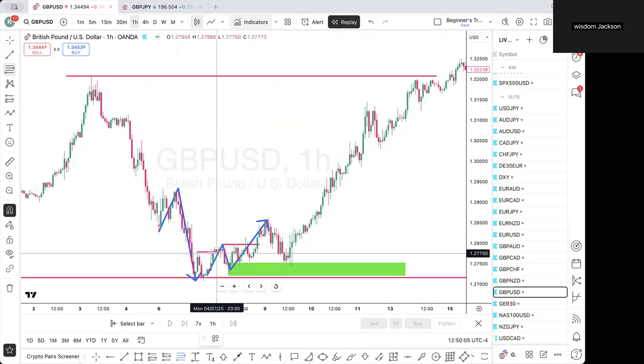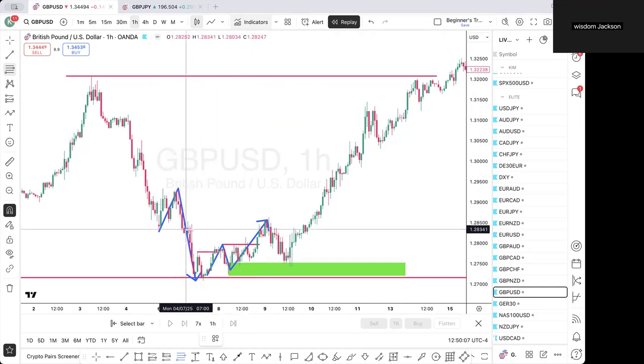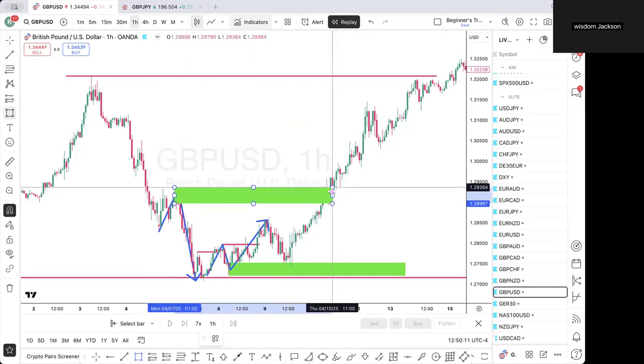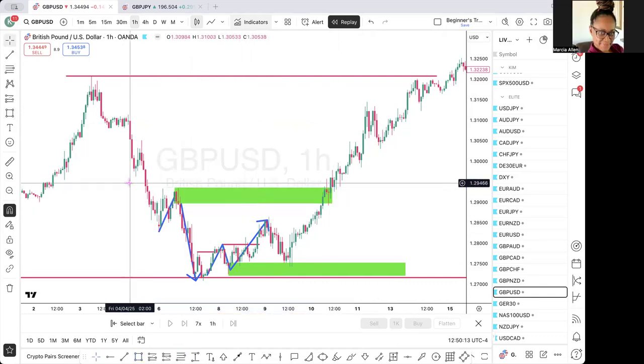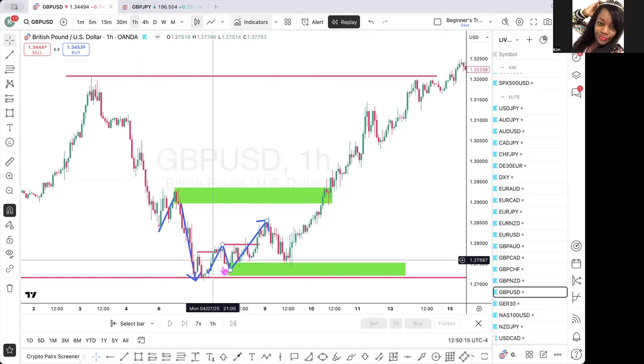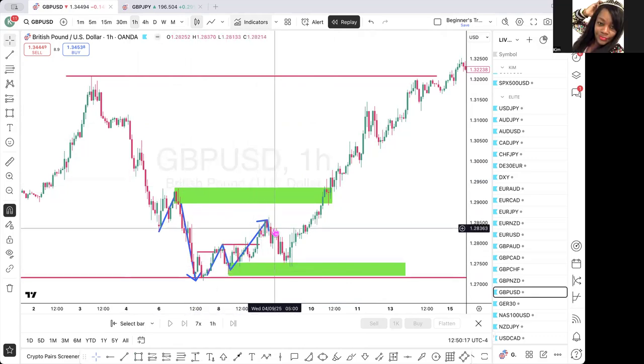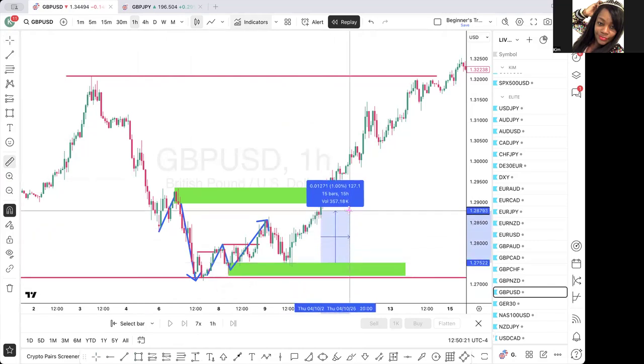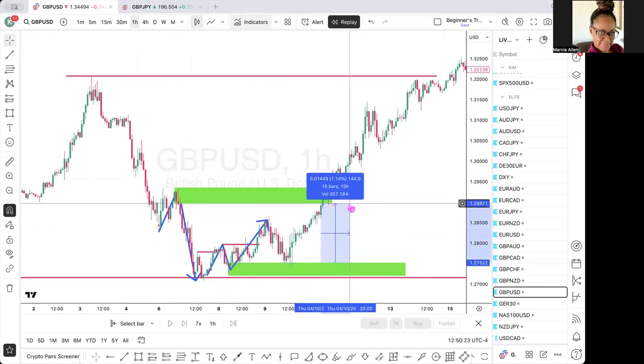The demand zone, the last swing low, which is about the 78 or 88%. Right there. Okay. So once this structure happened, I could have at least bought it up to there, right? That's 144 pips, 145 pips.